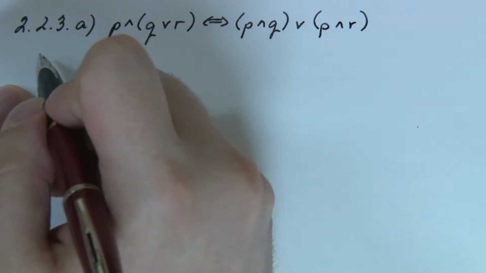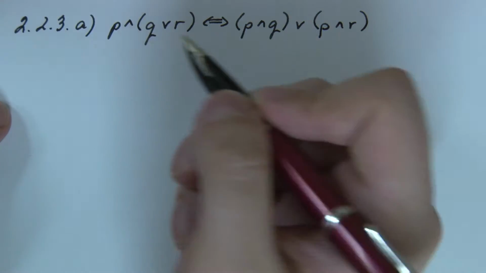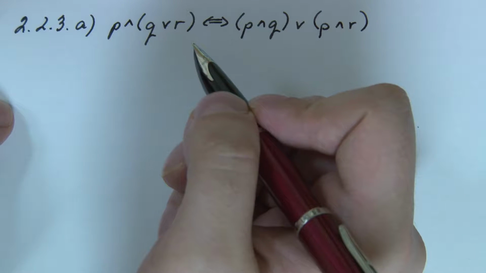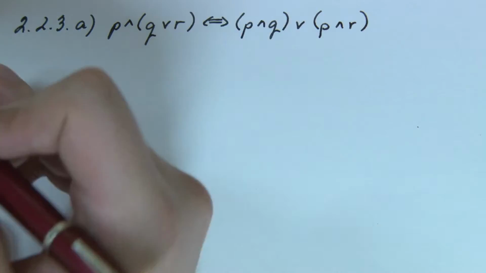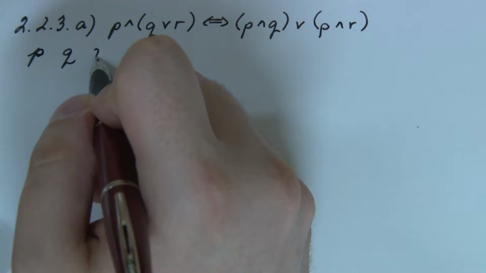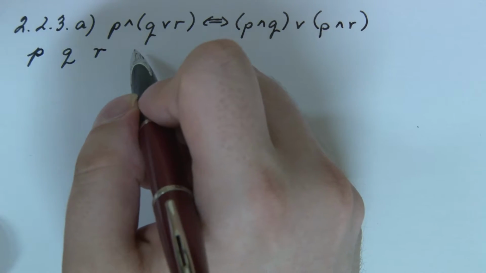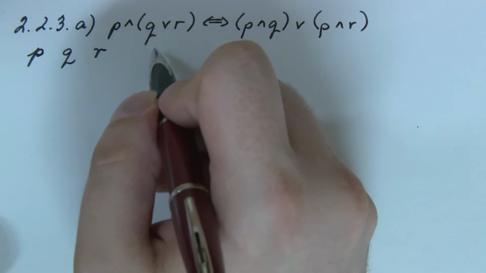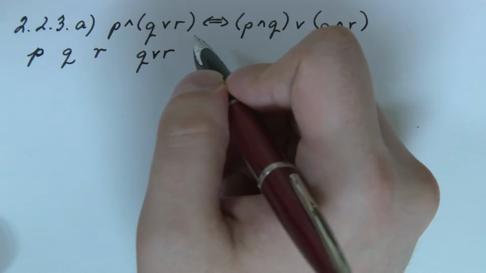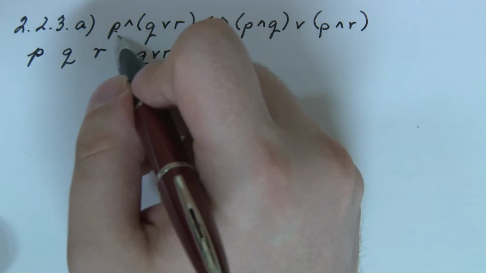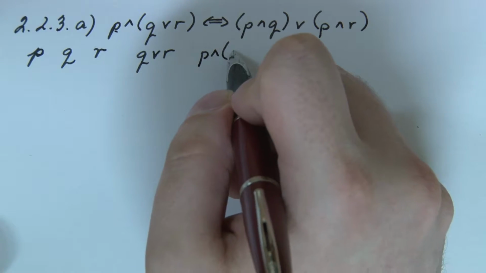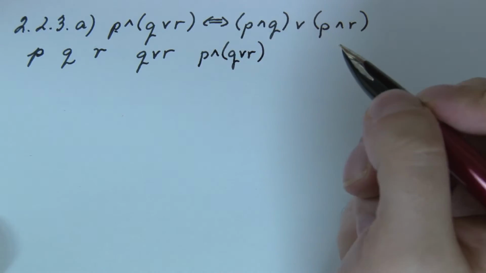Okay, so I have three propositions, so I'm going to have 2 to the 3, so that gives me 8 lines in total. So I'm going to have P, Q, and R, and I'll need to do Q or R, because I do inside the brackets first, and then I'll look at P, so then I'll do P and (Q or R).